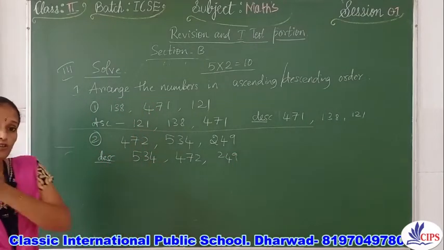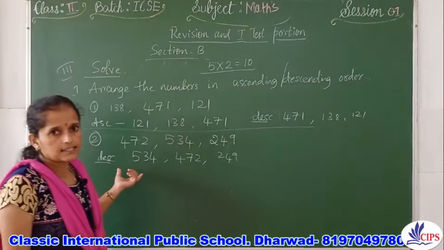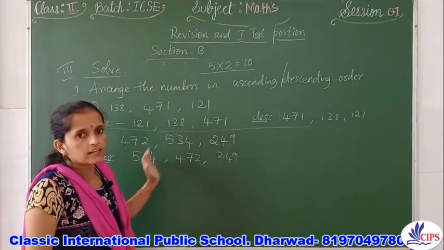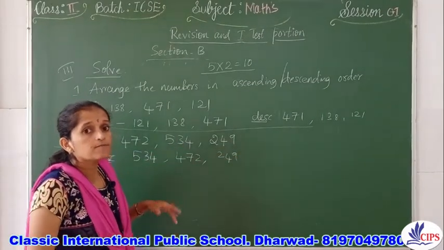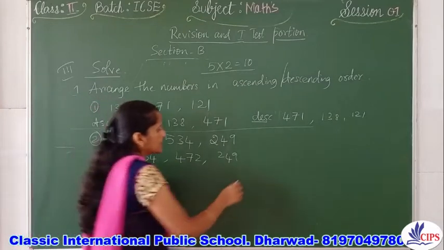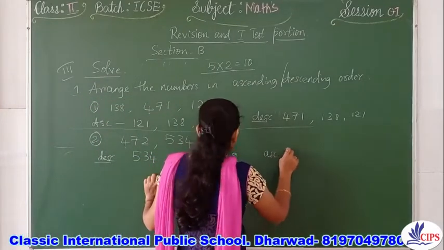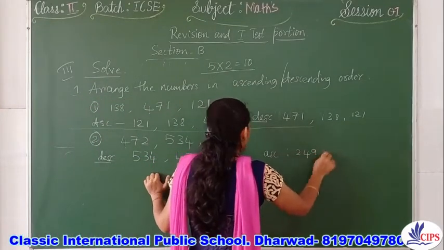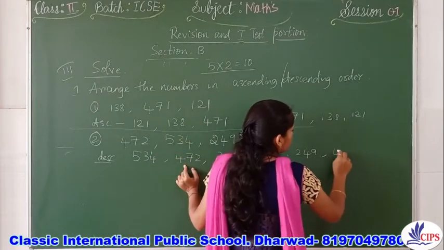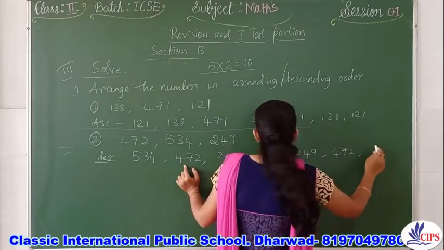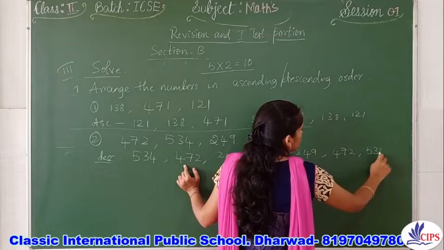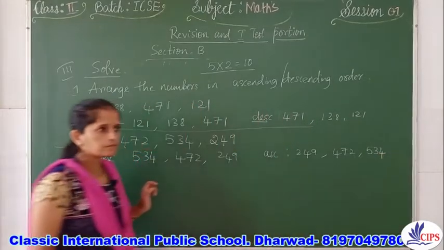For this I have shown you descending. The same numbers if we write in a reverse order, that will be ascending. Ascending here will be 249, 472 and 534.